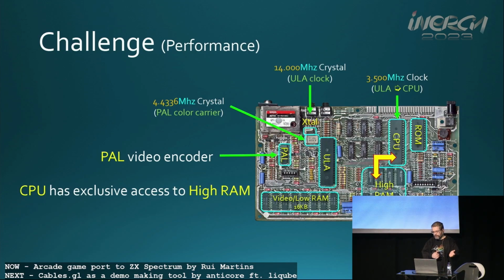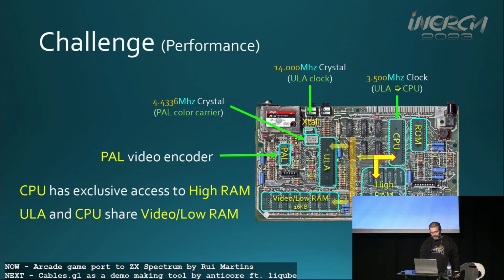And then we have high RAM, which is memory that is exclusive to the CPU, so not able to be accessed by the ULA, so there is no contention. And then we have part of the memory that is the video or lower RAM that is actually shared between the CPU and the ULA, so it's where the CPU builds the images that are generated by the ULA and sent to the video display.